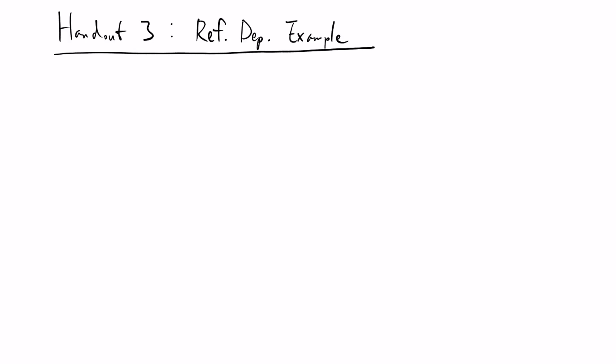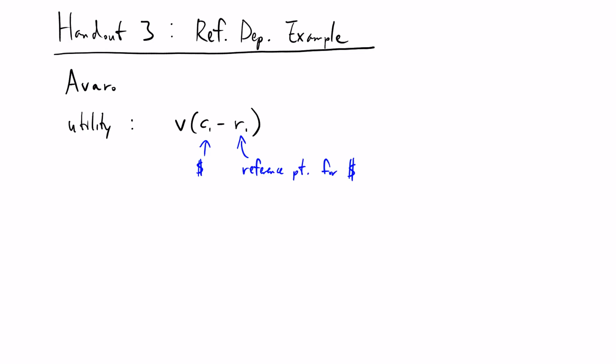There's this individual, Avero, and his utility is given by phi of C1 minus R1 for right now, at the moment, where C1 is money, and R1 is the reference point for money.